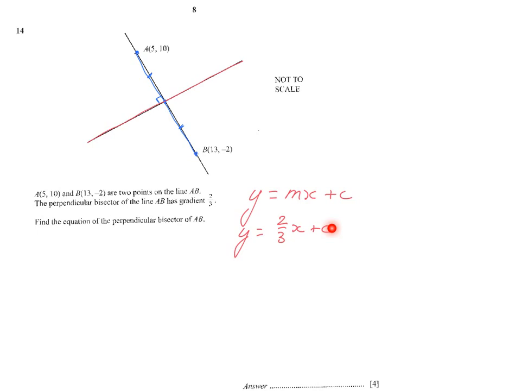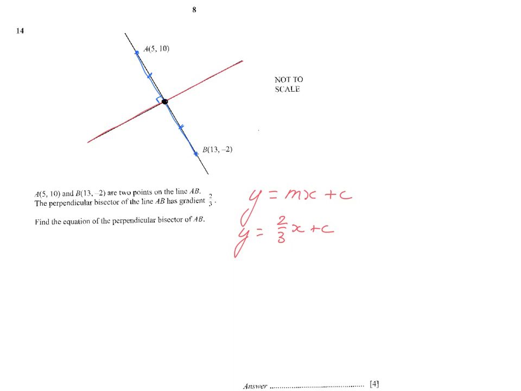I do not see the y-intercept, but if I know a point on this line, I can evaluate the equation for that point and then calculate c. But I do not know a coordinate on this line. Yeah, but I do know that it goes exactly through the middle of the line AB. So I can somehow calculate this coordinate over there.